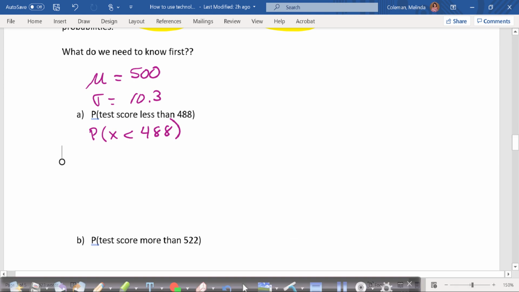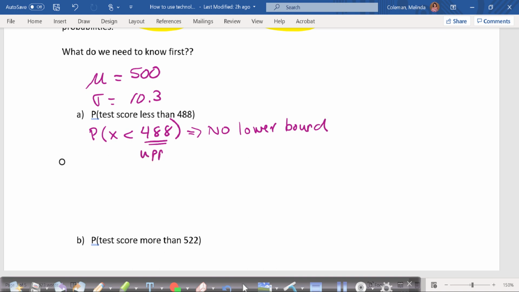So let's think about that for just a second. If X is less than 488, it could be 487, it could be 480, it could be 470. The point being, when we look at this problem, I have no lower bound. The 488 is actually an upper bound.